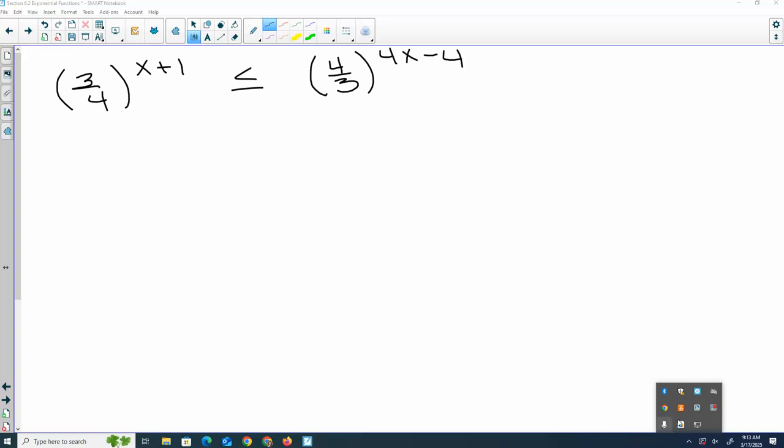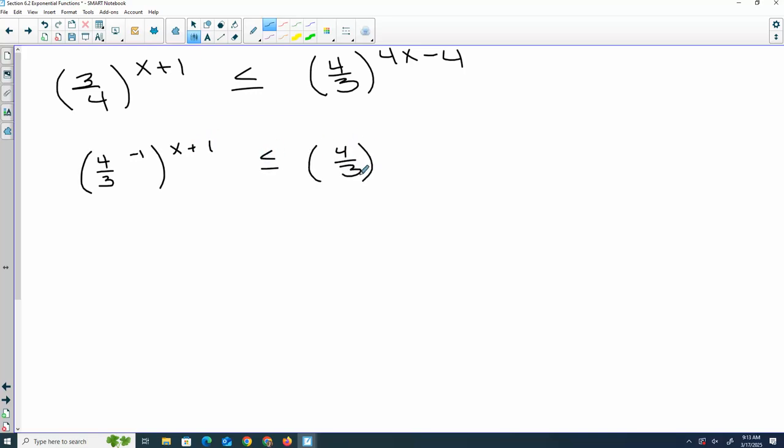So if this were an equation, you could use a base of 3/4 or 4/3, and it wouldn't make a bit of difference. Because it's an inequality, which one do you want to use? 3/4 or 4/3? 4/3. With the inequalities, always pick your base to be bigger than 1. So 3/4 is 4/3 to the -1. And that's to the x plus 1, less than or equal to 4/3 to the 4x minus 4.